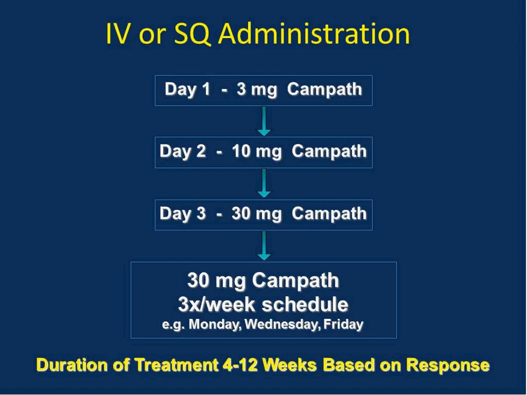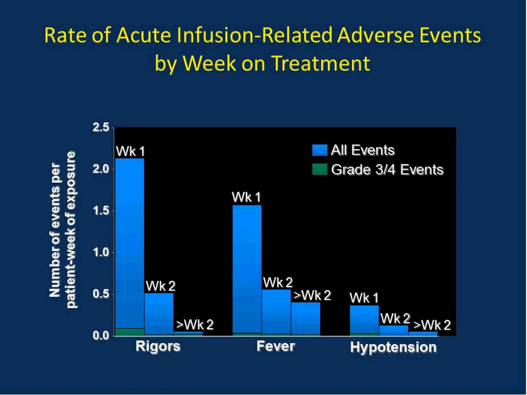And then your duration of treatment is obviously going to be based on response and how patients are doing. As far as the infusion-related events, typically they decrease as patients are on therapy. So they're highest during week 1, and then you can see they decrease in week 2 and beyond.